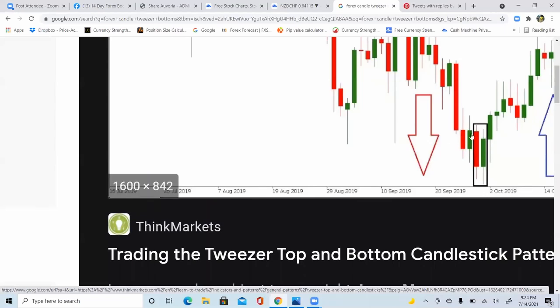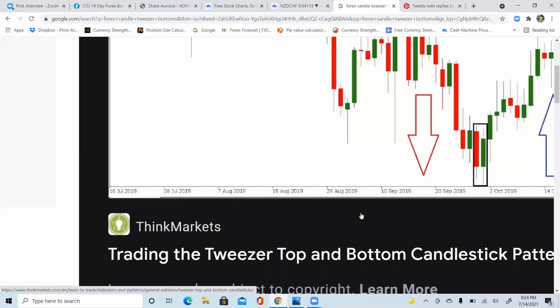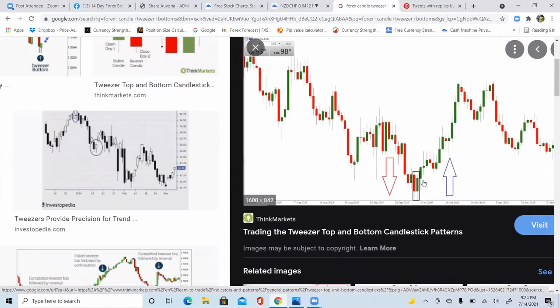There was like a double of them going on. You had these, and you also had these twice over. So it's like a double tweezer bottom. And that momentum, when you zoom out, changed the momentum of the chart, where you had a massive move after it. So the candlesticks give you hints of what's about to happen.